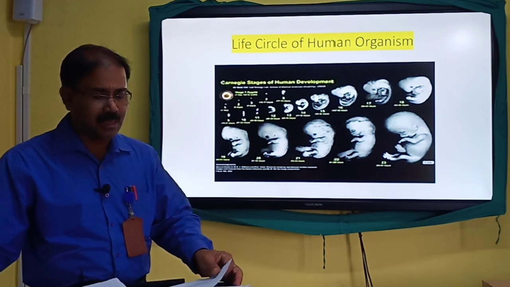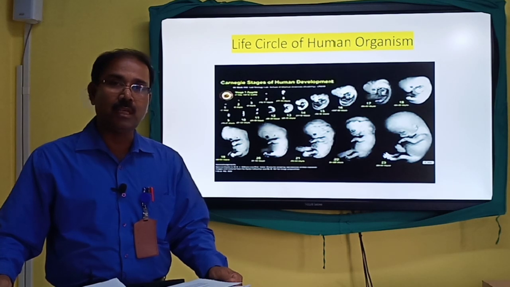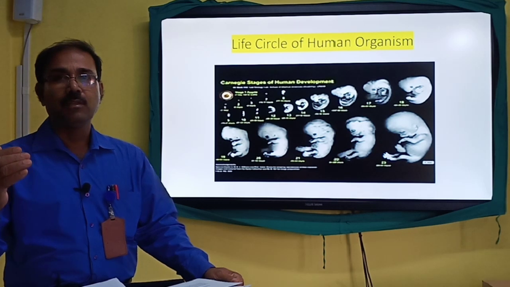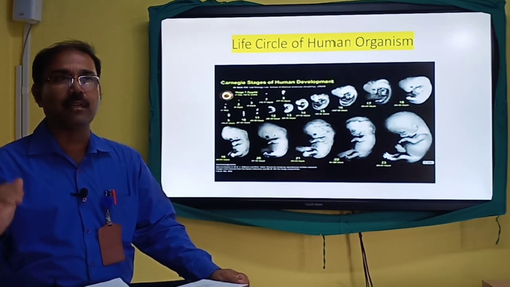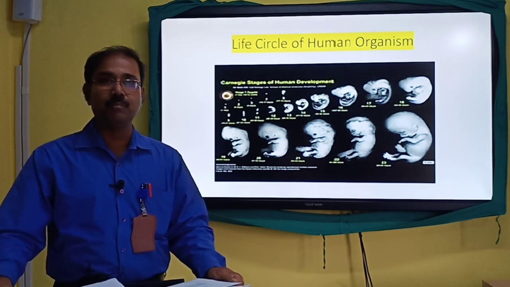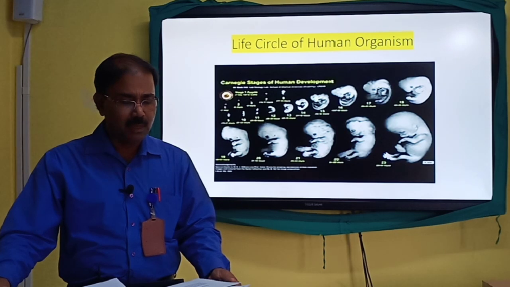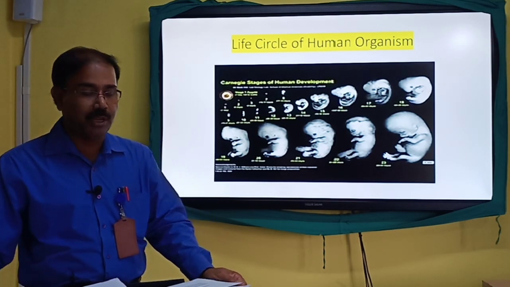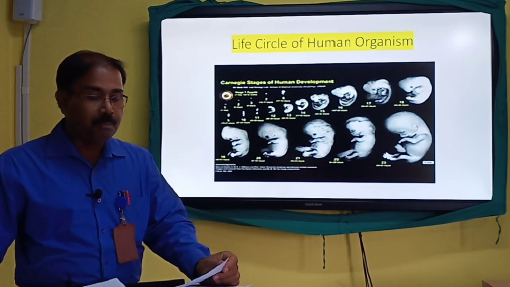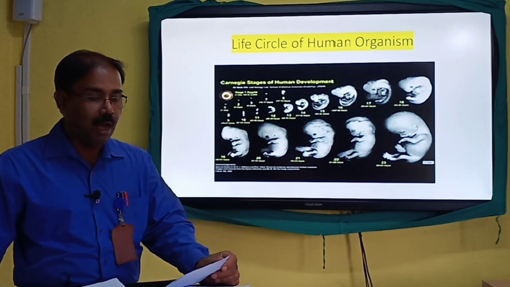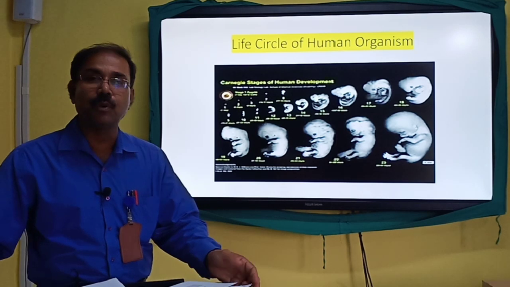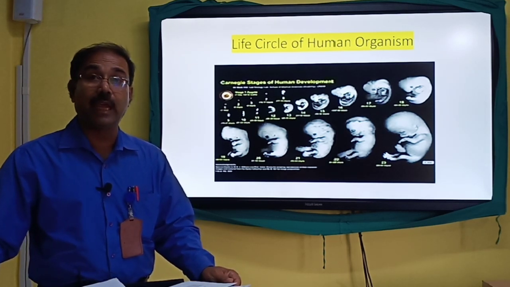So the first stage is the stage of conception, and this stage continues for only 4 days. Since the moment of the mixing of X and Y chromosome till the 4th day inside the mother's abdomen, that's the stage of conception. The second stage is the stage of embryo, E-M-B-R-Y-O, which basically begins from the 4th day of conception and continues till 56 days of growth. 56 days means 8 weeks.